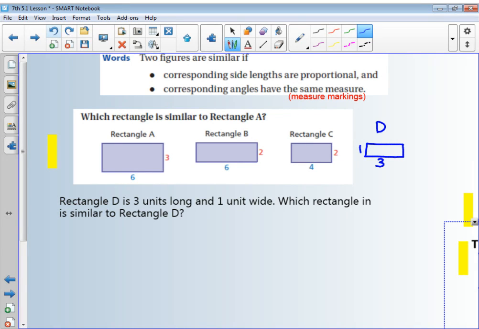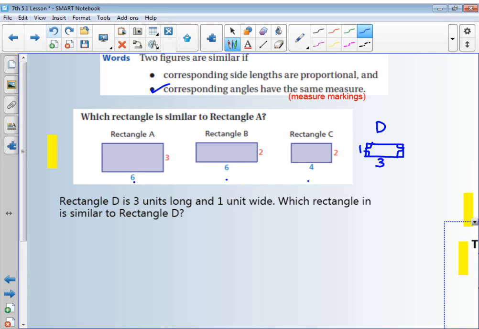It says which rectangle is similar to rectangle D. So now you are checking these other 3 to see if they're similar. Keep in mind, I just roughly sketched this. This is a rectangle, which means all of these are 90-degree angles, even though it doesn't look like it. So we know that all of the angle measures are the same.